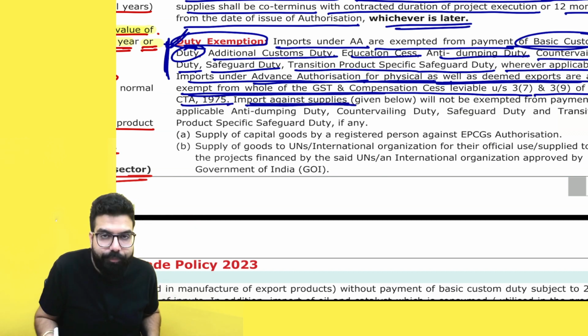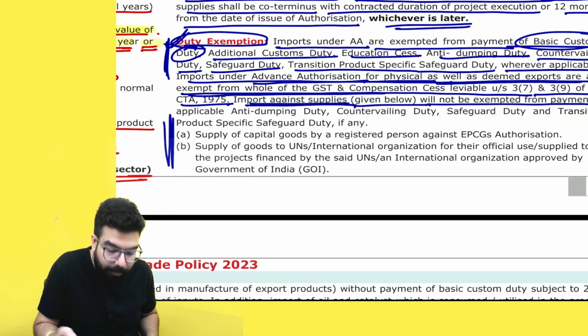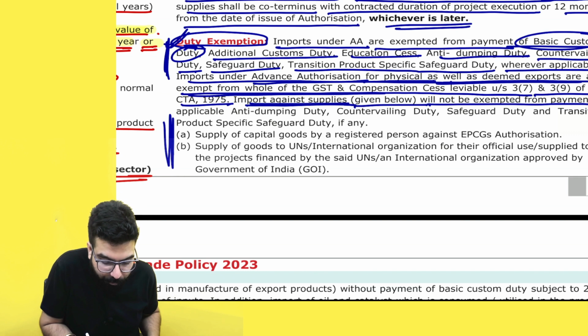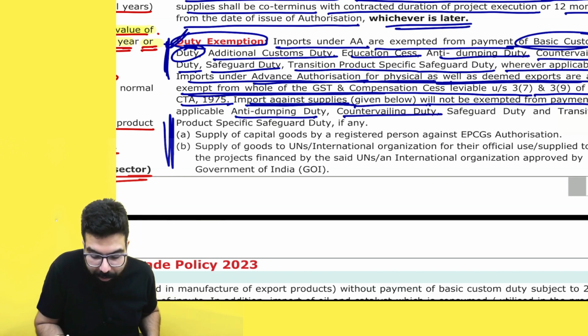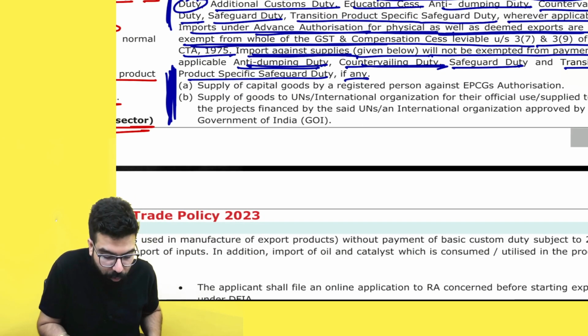Imports against the supplies given below will not be exempted, meaning in these cases they will not be exempted from anti-dumping duty, countervailing duty, safeguard duty and transitional product safeguard duty, if any. What are the two scenarios?